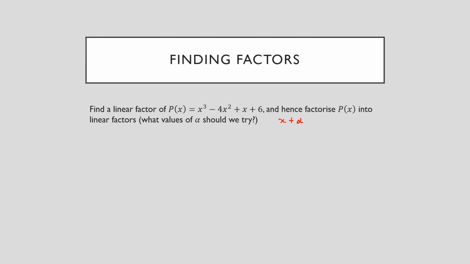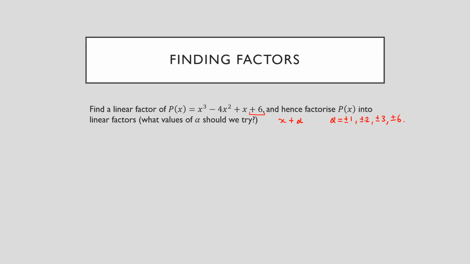So, how do we find a factor for this? Well, let's figure out what values of alpha we're going to try and use in our remainder theorem to determine whether the remainder is 0. So we're going to use alpha that has values of factors of this constant term. So alpha could be positive or negative 1, positive or negative 2, positive or negative 3, or positive or negative 6.